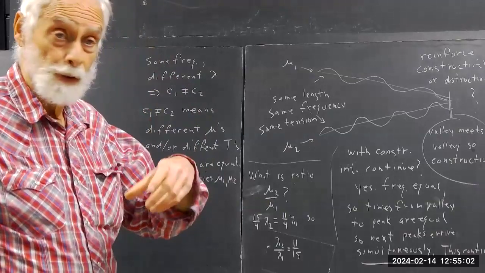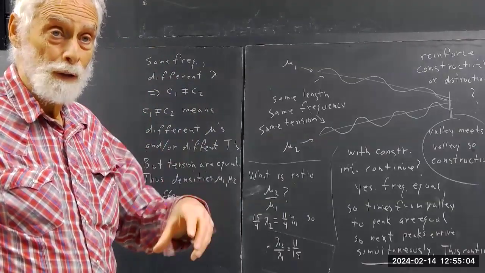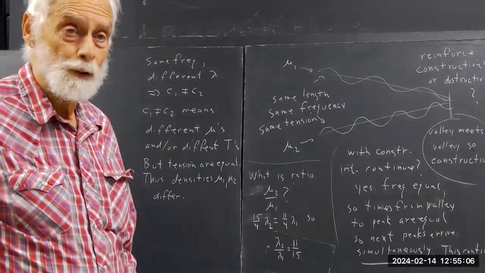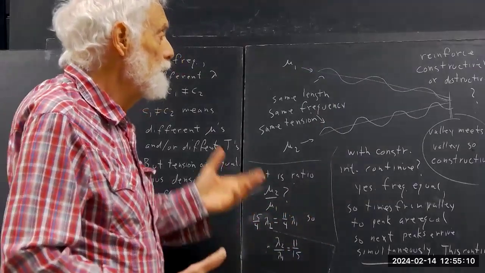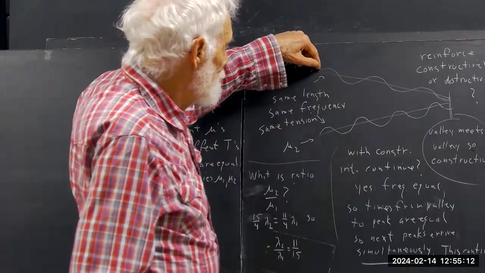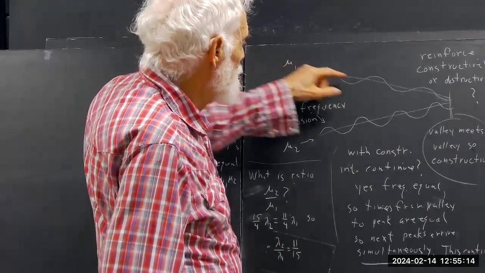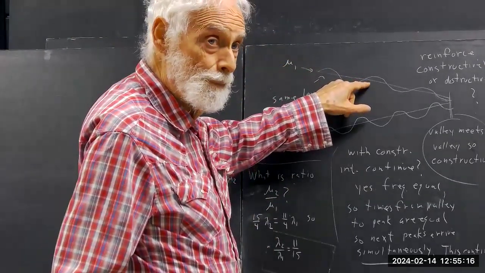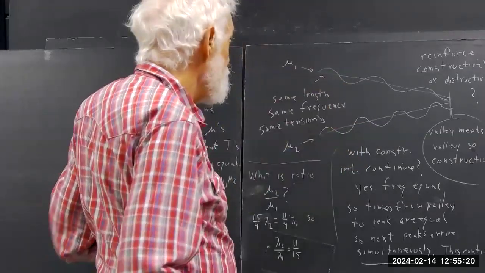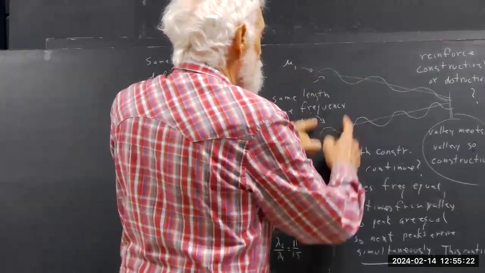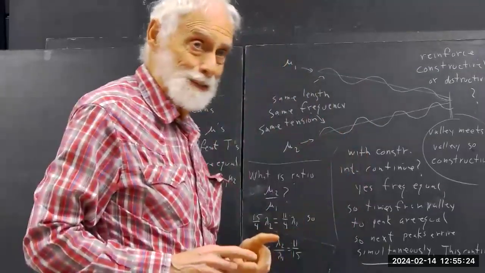The frequencies are the same, so a bigger wavelength will imply greater propagation speed, but you can see that. The time from here to here is the same as the time from here to here. Well, this is further than this, right?